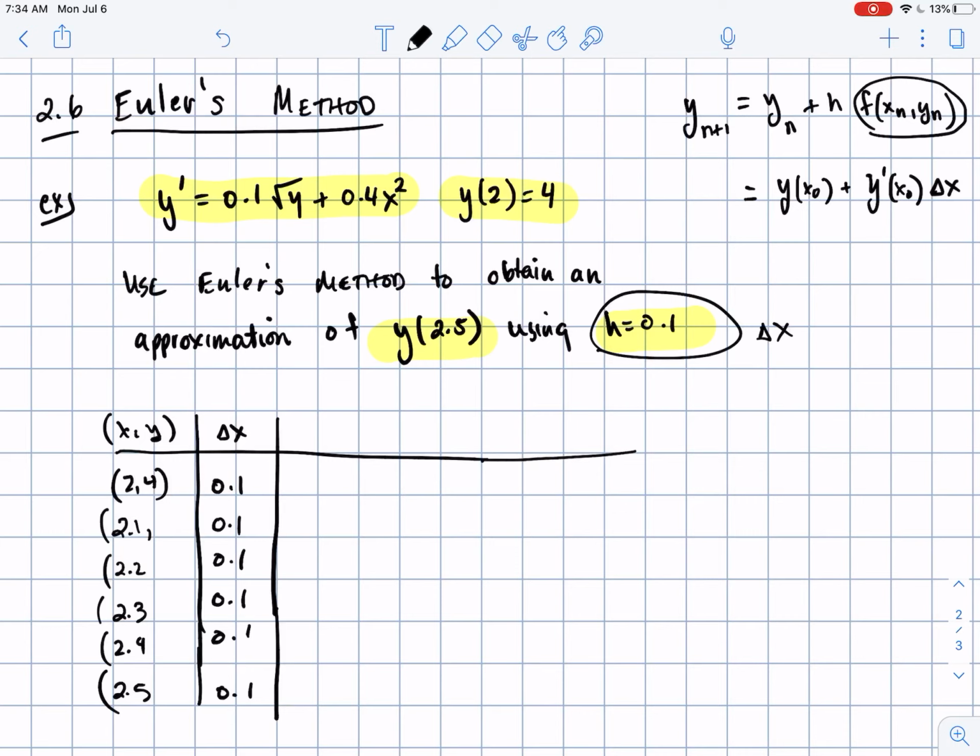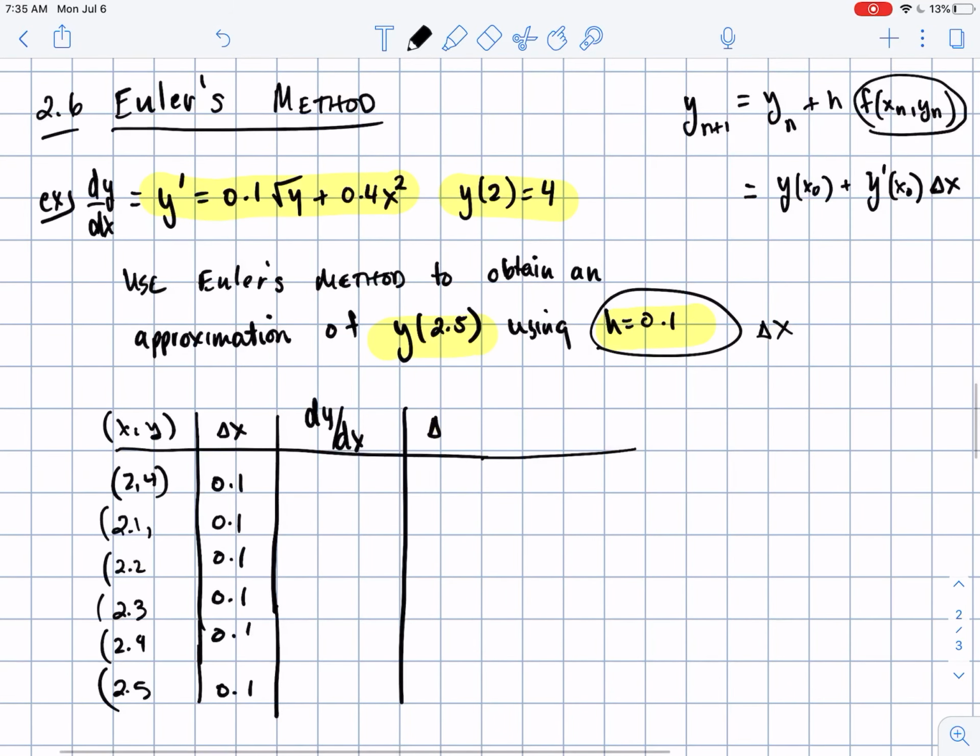Okay, so it will take a little while. The homework, I only gave you 3 problems just because it's a little tedious in this section. But what I would do next is think about what's given to you. You have your differential. We could call it dy dx, or y prime, right? So I like to have that dy dx up there. And then I'll have the change of x.